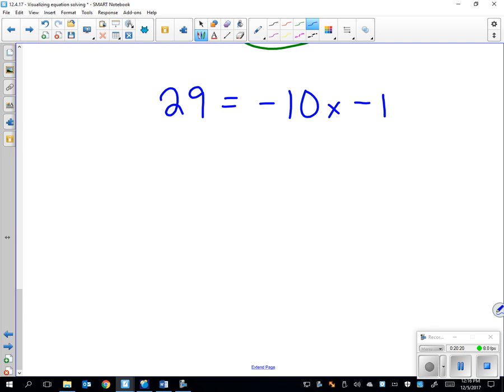Does that change the fact that the scales are equal to each other, the weight? No, it doesn't. I could rearrange this. I could write this as, if that pleases me, that's okay. It's still equal to each other. If I flip them, they're still equal to each other.